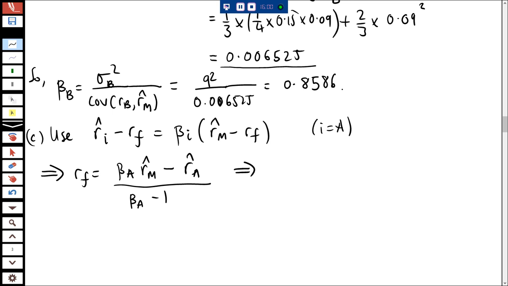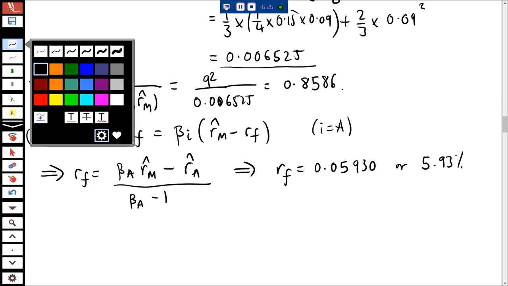Which means that the risk-free rate in the market, if we drop all those numbers in, okay, I leave it to you to write them all in. I'm just going to pop them straight to the calculator, and I know this is 0.05930 or 5.93%. Okay, that was a bit of work.